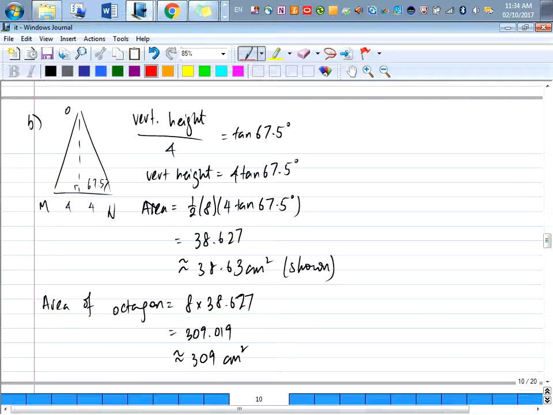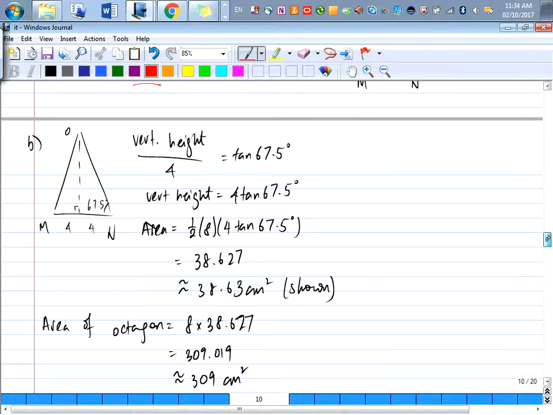Base I know, height I can find out using the angle that I got from the previous part. Okay, nothing much to go through for this question. I shall move on.